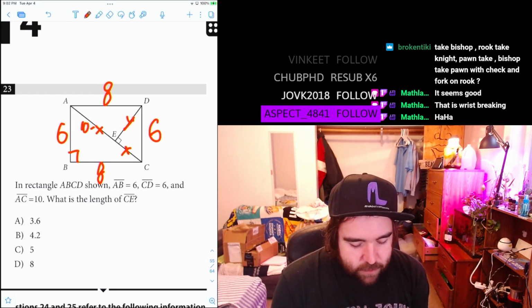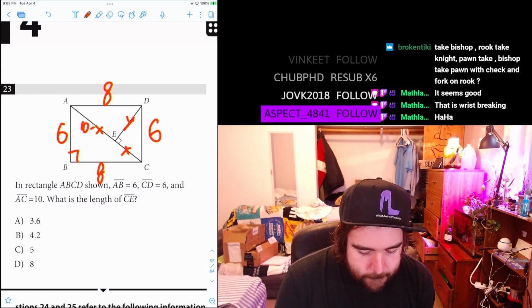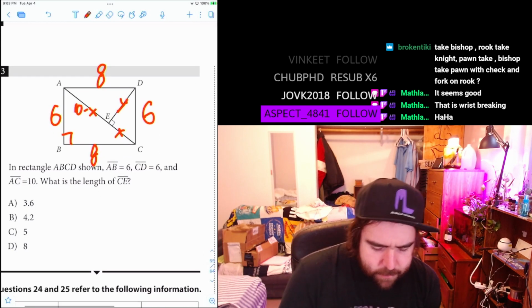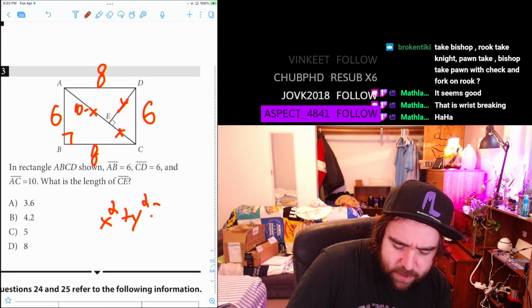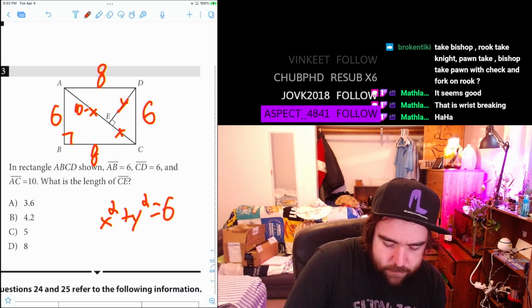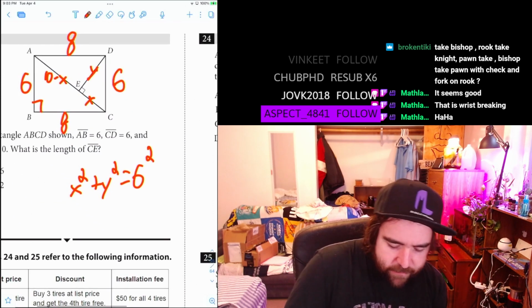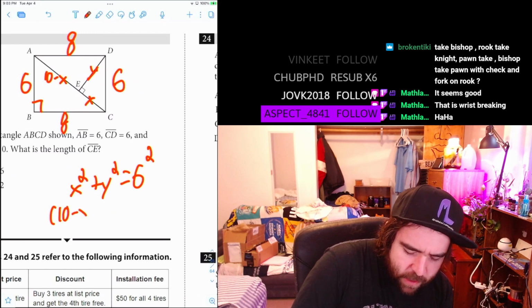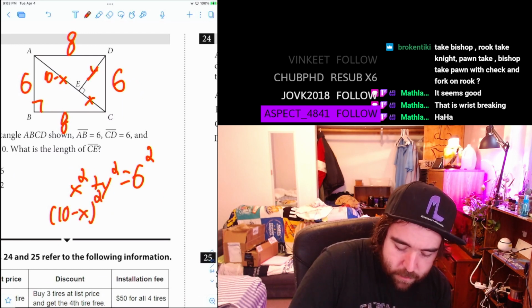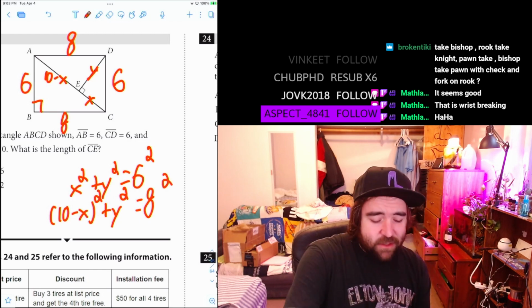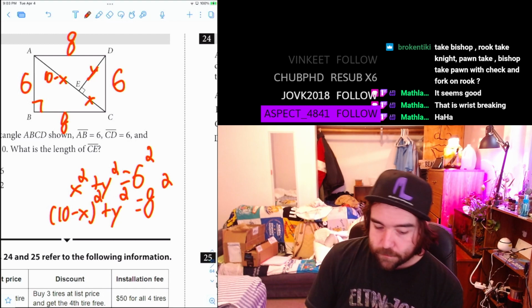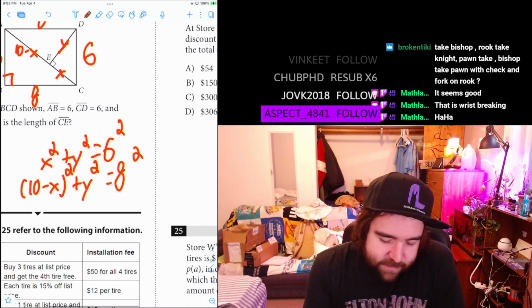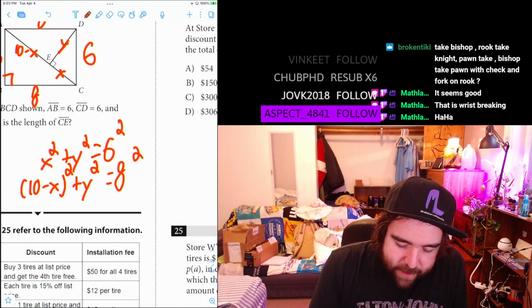That seems kind of roundabout, but we could definitely say that x squared plus y squared has to be 6 squared. And then we also know that 10 minus x squared plus y squared has to be 8 squared, because we have those two right triangles at the top. That seems kind of sucky. I guess it's not that bad.